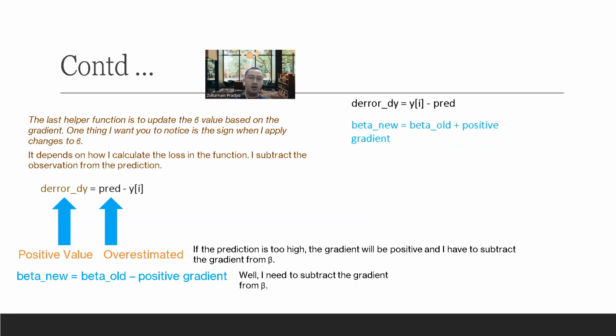And next, about the error dy equal yi minus predict, if I want to get beta new, I will add the positive gradient to beta old. So if I do it the other way, that is subtracting the prediction from yi, I have to add the gradient to beta.